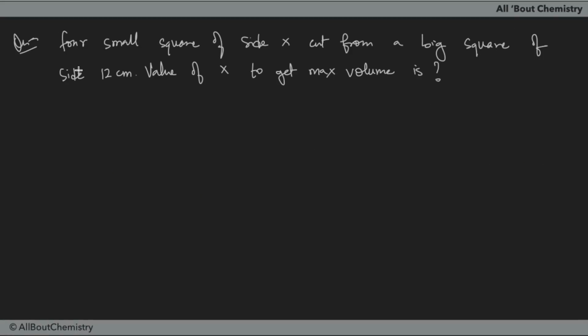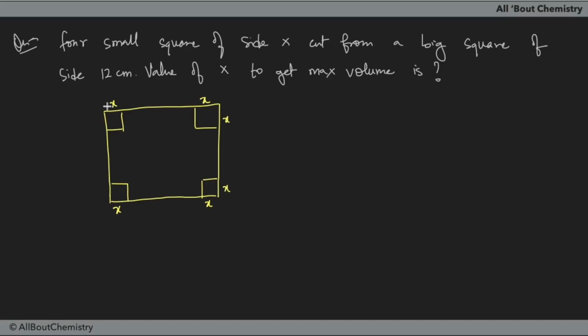All right, let's see this question. It says 4 small squares of side x are cut from a big square of side 12 centimeter. Find the value of x to get maximum volume. So basically this question can be done in various different ways. One way is to put the values from the options and try it. So if you cut 4 squares of side x, this is x, this is also x, and this is also x, right?